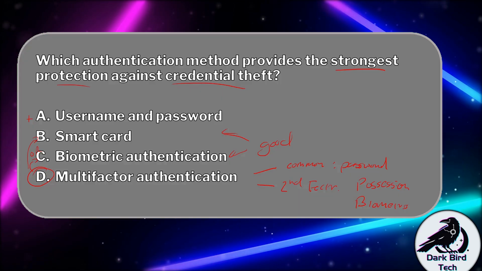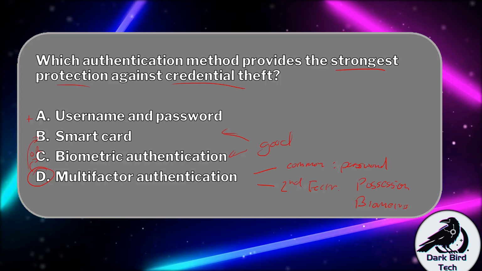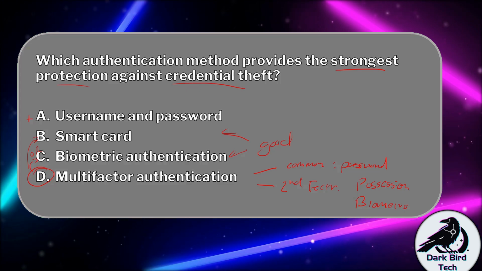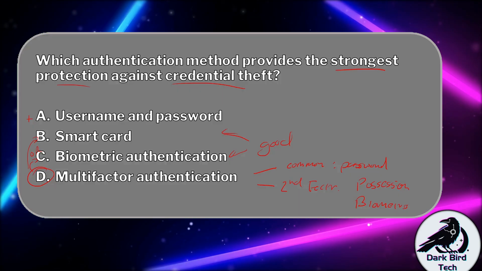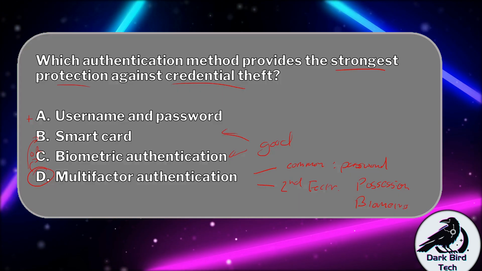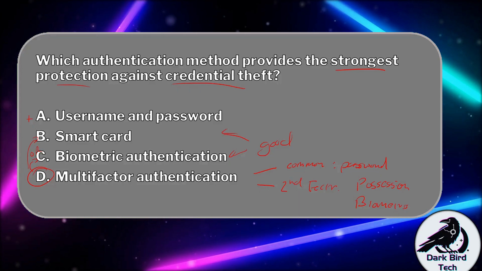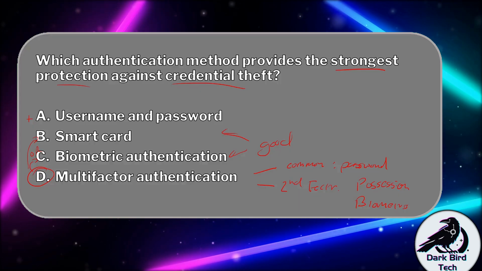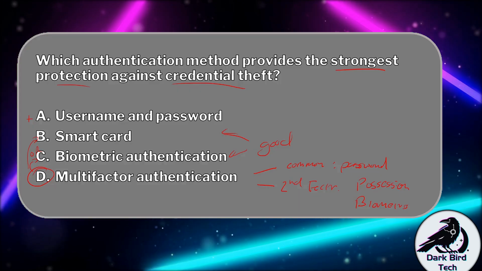So this is basically a question where they're saying, do you know that multi-factor authentication is something you want to have, where the user's got to be able to do or provide two things to the system to be able to prove their identity. Even though biometrics and smart cards are really awesome, if I don't pair that up with something else, then all the attacker has to do is somehow clone the smart card or trick the biometric sensor, whether it be fingerprints, facial recognition, or something like that.